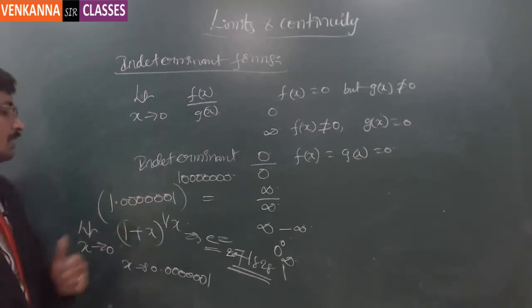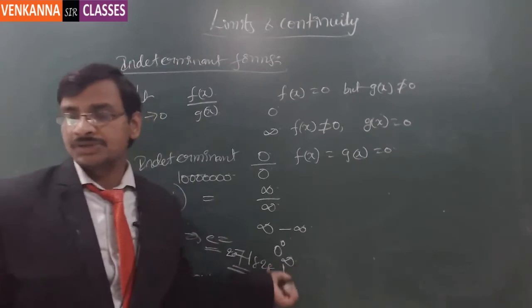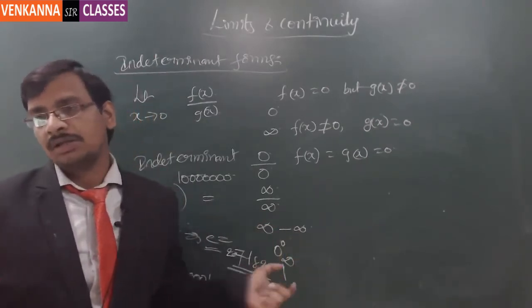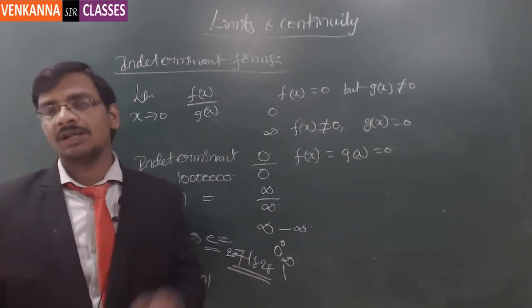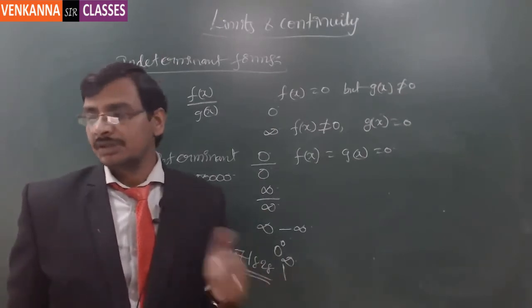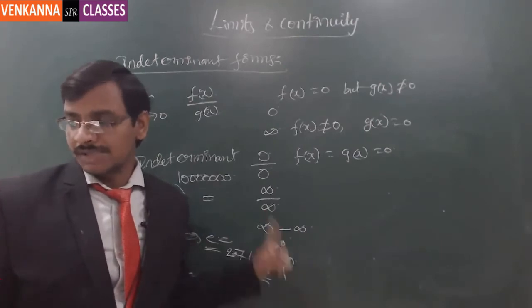Here if you notice, with 1 power infinite, the value that is approaching 1, we always treat as 0.9999 or 1.00001, but it is not equal to 1, because we are trying to find the limit as we approach. That means 1 power infinite you cannot treat as 1 in the case of limits.